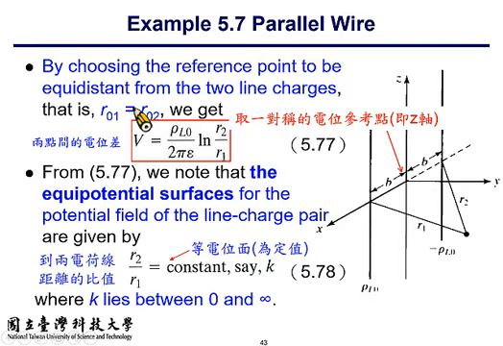So by choosing the reference point to be equal distance from the two line charges, that is R sub 01 equals R sub 02, for example the z-axis.